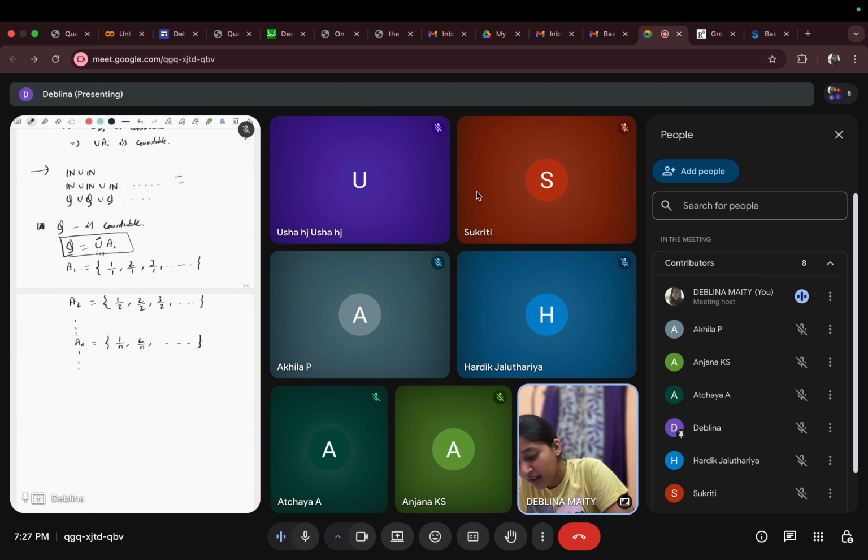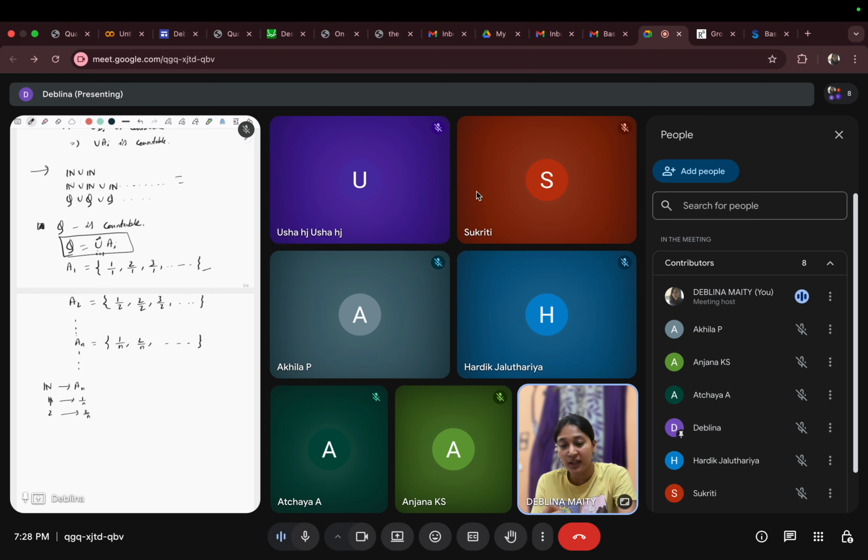And each AI, see, there is a bijection from n to this AI, because An is what? From n to An, 1 goes to 1 by n, 2 goes to 2 by n, like this.